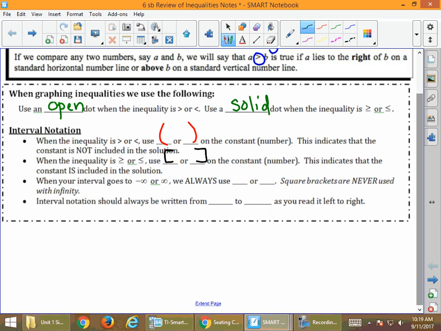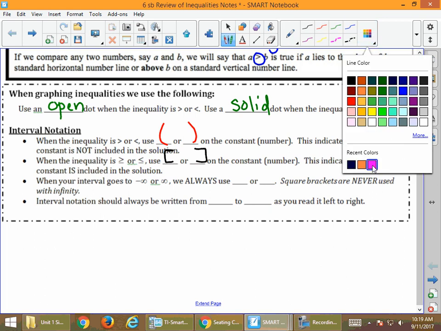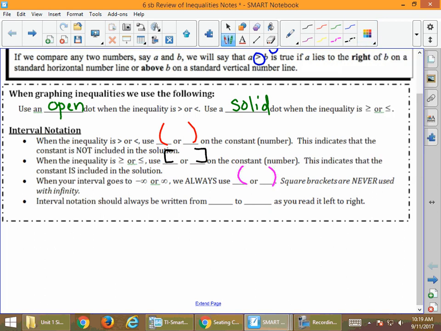We could also have an interval that goes to negative infinity or to positive infinity. Whenever we have infinity, we always use parentheses. We never use square brackets with infinity.